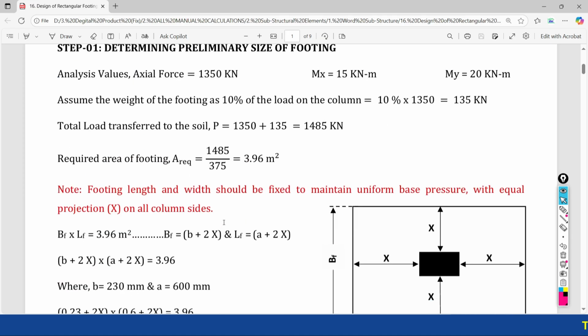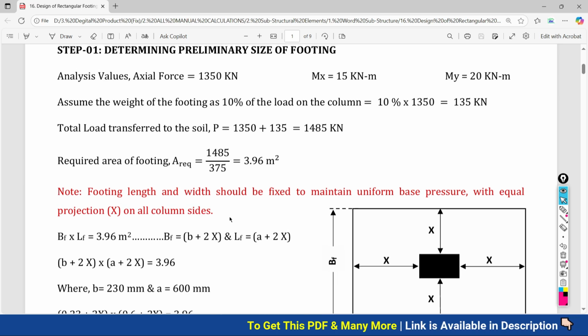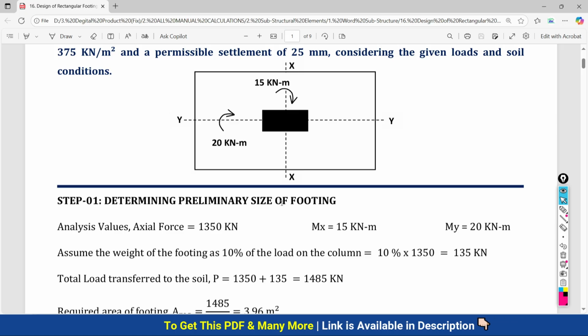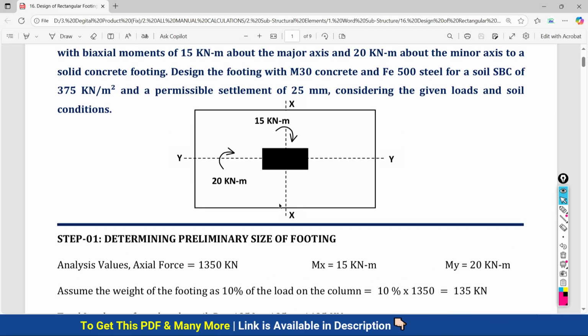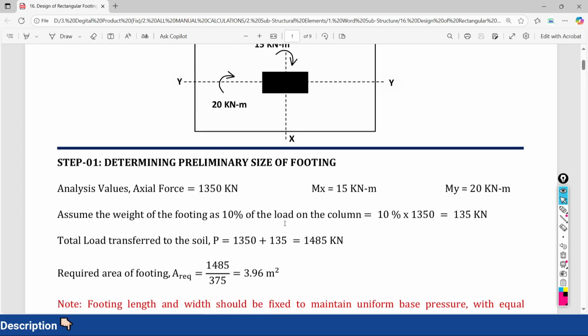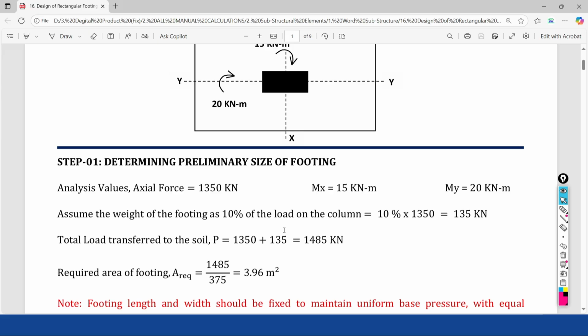But we have to consider the moment in the calculation of the length and width of the footing, because your footing is not going to be subjected to only the axial load. Your footing is going to be subjected to moment as well, in addition to your axial load. How the moment is going to influence the design of the footing and especially the sizing of the footing, we will discuss in detail.